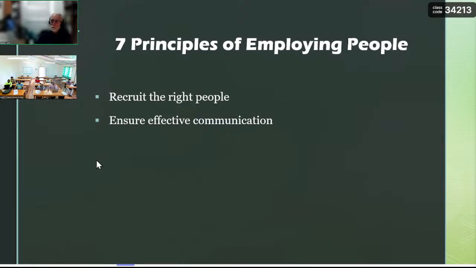But many times you need to talk with people face to face. Still the most effective form of communication, because you're using non-verbal communication as well as the words. So ensure effective communication, clearly define your goals and objectives so that people know what they're supposed to be doing, how, where, when.